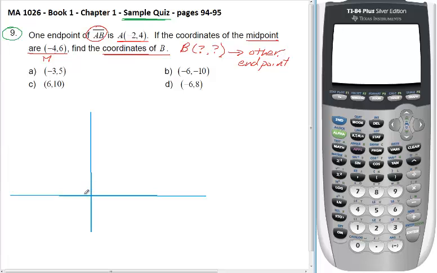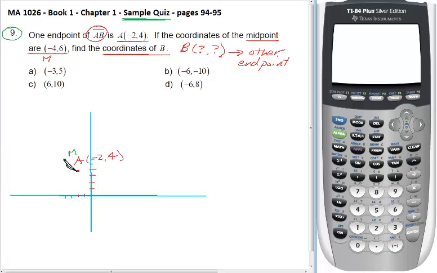So here's A at (-2, 4). Now the midpoint M is at (-4, 6), 2 more left and 2 more up. So there's M right here. If I join those two, there's half of my segment.